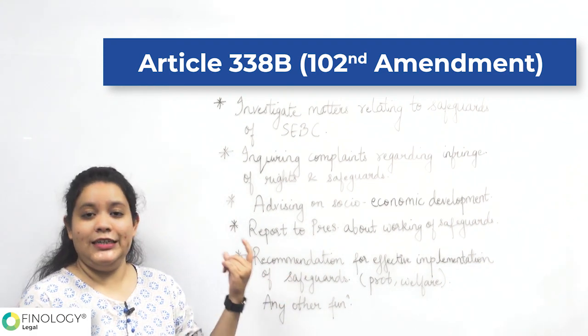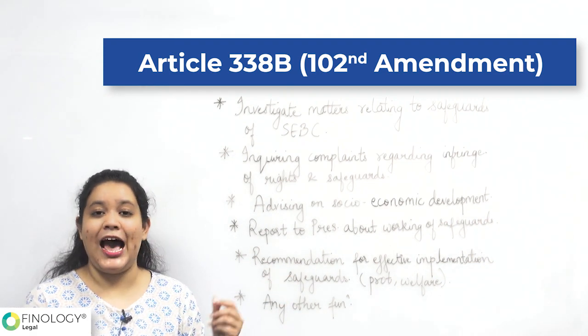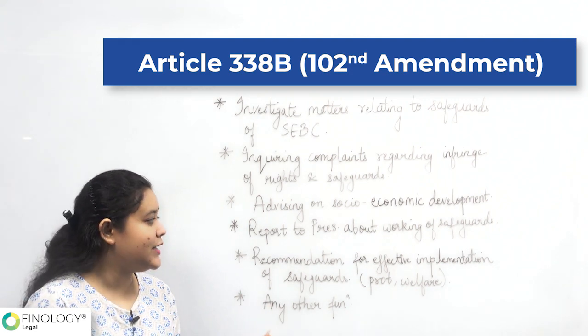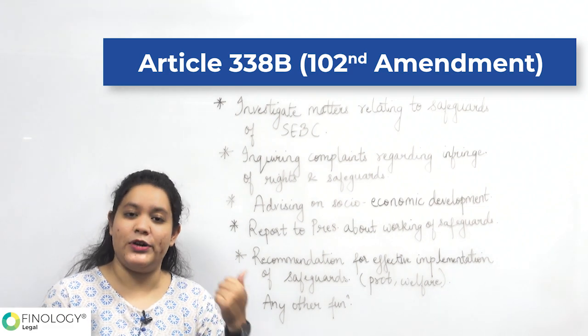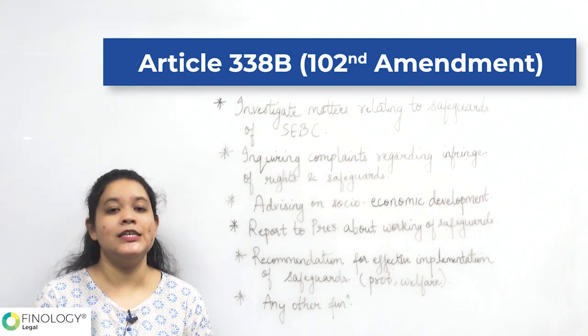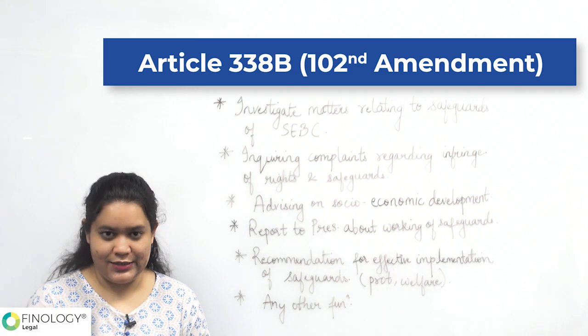Following this, the National Commission for Backward Classes has to submit a report annually to the President about the working of these safeguards for the protection and welfare of these socially and educationally backward classes.